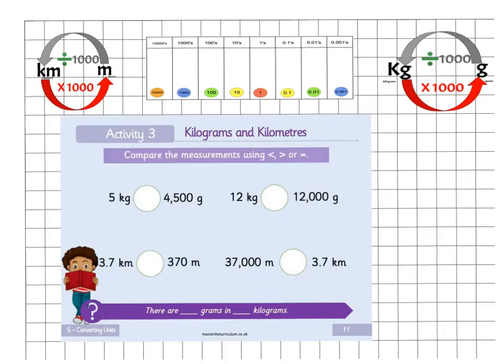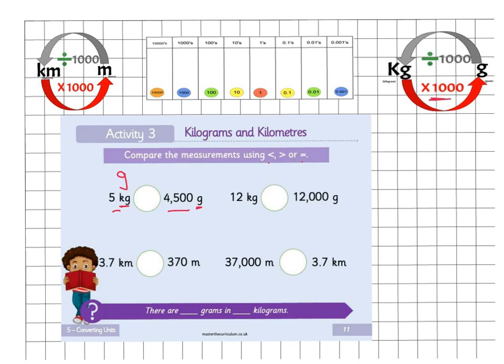Okay, so the next activity asks us to compare the measurements using less than, greater than, or equals to. So we have 5 kilograms and we have 4,500 grams. So in order to do this, we need to make sure that we've got the same unit of measurement. So I'm going to change my kilograms into grams. Kilograms into grams, you times by 1,000.